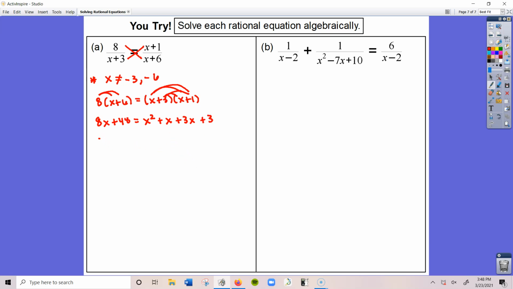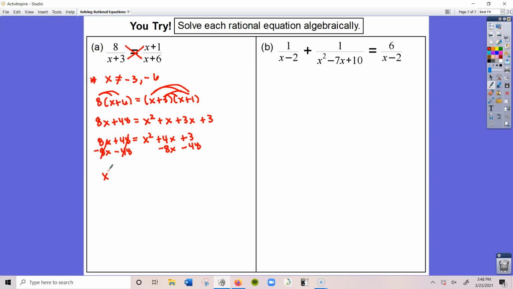Now we can combine like terms on the right side. So we get x squared + 4x + 3. Since this is a quadratic, we want to make it equal to 0. It's easier for me to move these two terms over to the right. So I'm going to subtract this 8x, and I'm going to subtract this 48.